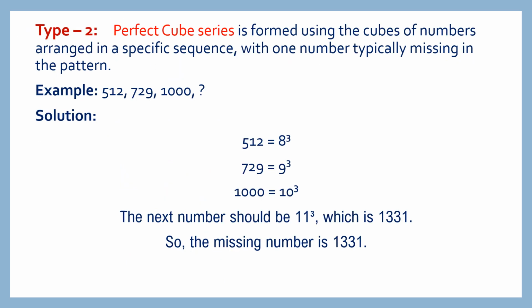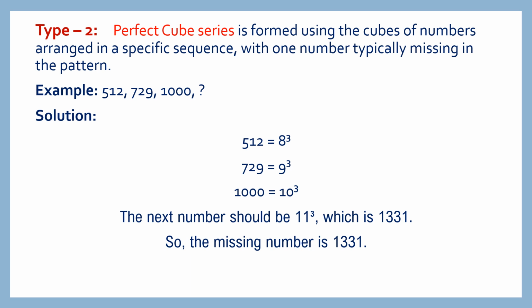Now type 2, the perfect cube series. In type 1 we saw the square series; now we are seeing the cube series. That means 1 cube is 1, 2 cube is 8. We all know that, right? But they will give some complicated numbers. You have to first find whether the given number is a square number or a cube number.